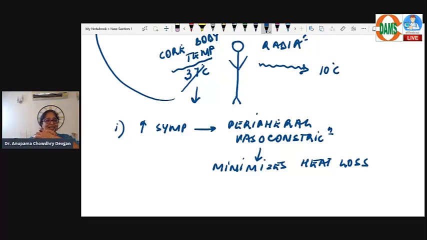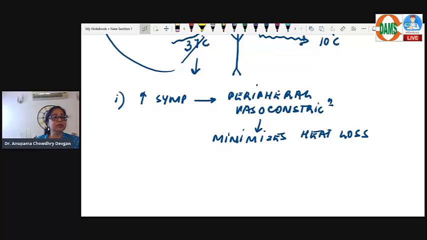When you touch your hands and feet, they're cold, isn't it? Because there is a peripheral vasoconstriction which has taken place. The moment there is a fall in the core body temperature, it stimulates the posterior hypothalamus. Posterior hypothalamus has increased the sympathetic discharge. It has caused a peripheral vasoconstriction, which now reduces heat loss from the extremities. Your hands and feet are so cold, and this is a common experience. Like I said, it helps to reduce the heat loss in winters.